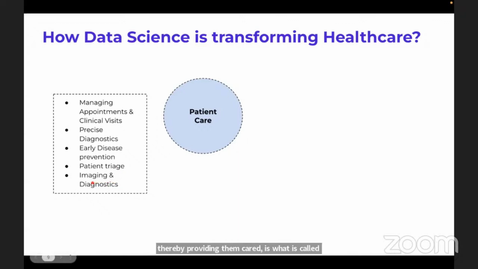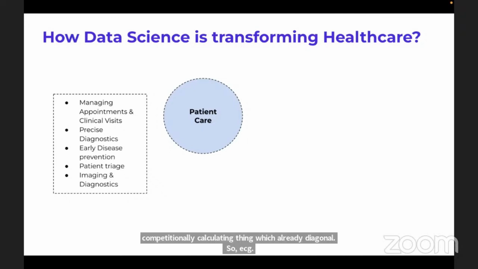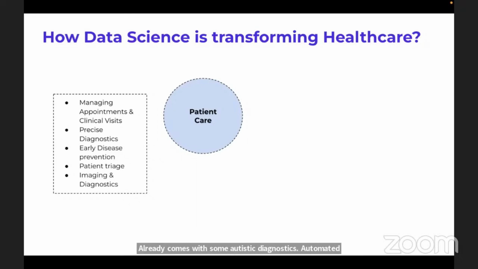And imaging and diagnostics. As you know, much of the imaging right now, say CT scan, USG, MRI, already has some computational component which already diagnoses. ECG already comes with some automated diagnostics and automated reports. Now, medical imaging is a big booming field. In the era of COVID, RT-PCR was taking close to 2 to 3 days to know that a patient is suffering from COVID. Those 3 days were a very critical time for a particular patient.